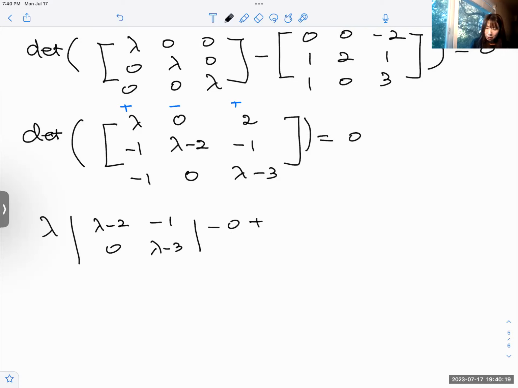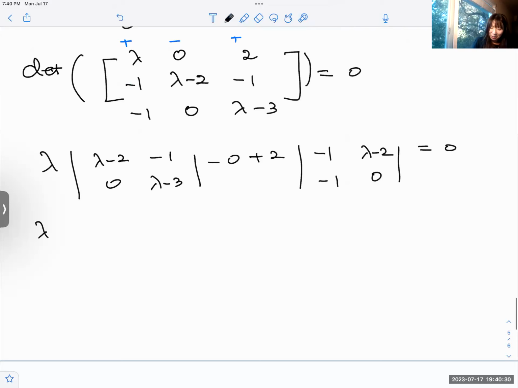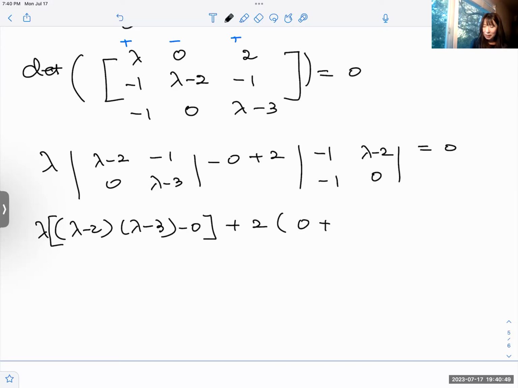We have plus 2 times the determinant of negative 1, lambda, 2, negative 1, 0. Excellent. So we have lambda times lambda minus 2 times lambda minus 3, minus 0, and plus 2 times 0 minus lambda minus 2.